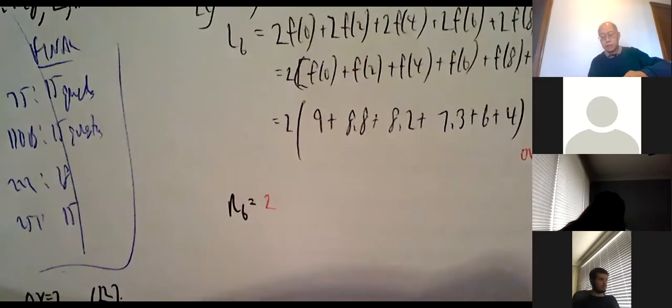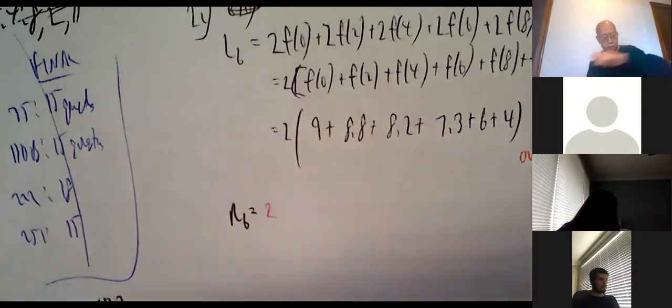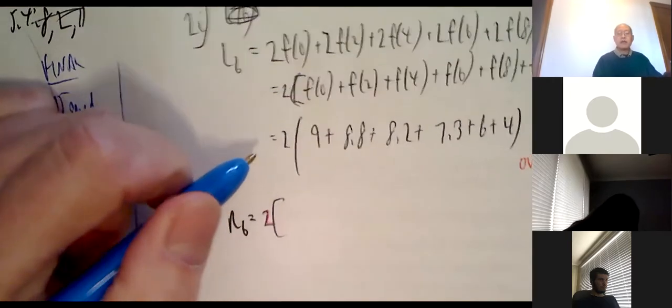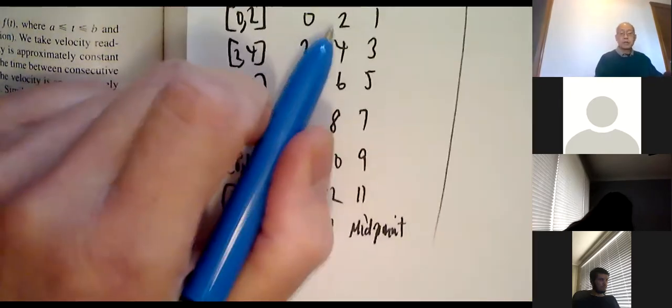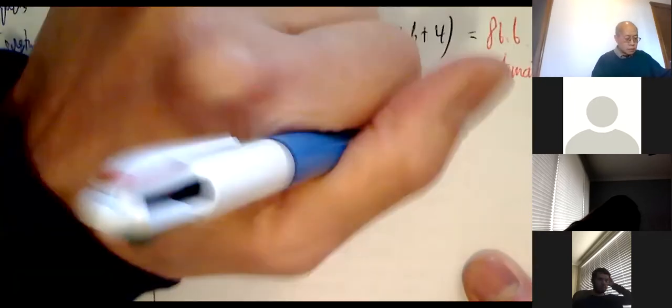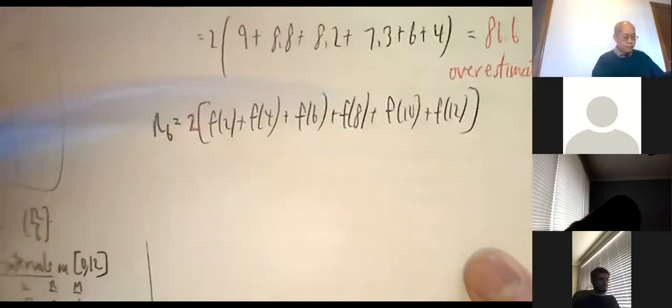And now the function value at the right endpoints, 2, 4, 6, 8, 10, and 12. So f of 2, f of 4, f of 6, f of 8, f of 10, f of 12.